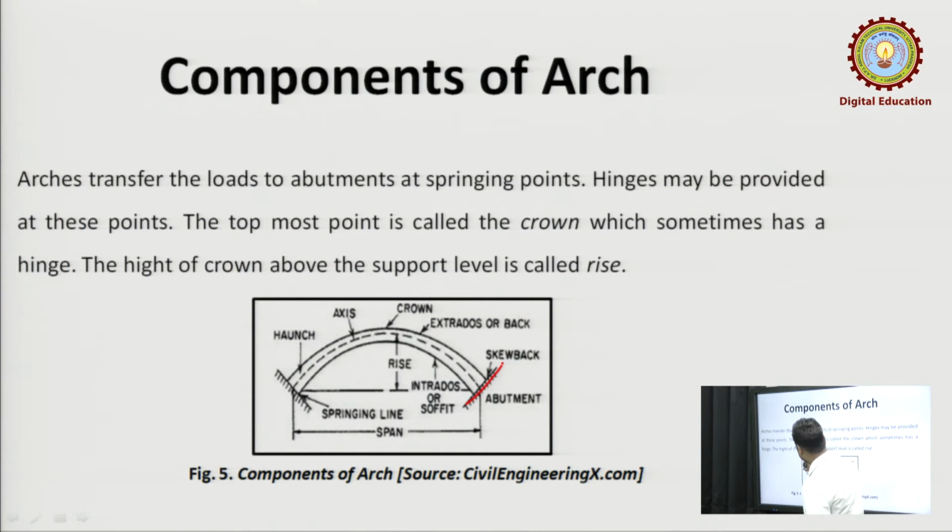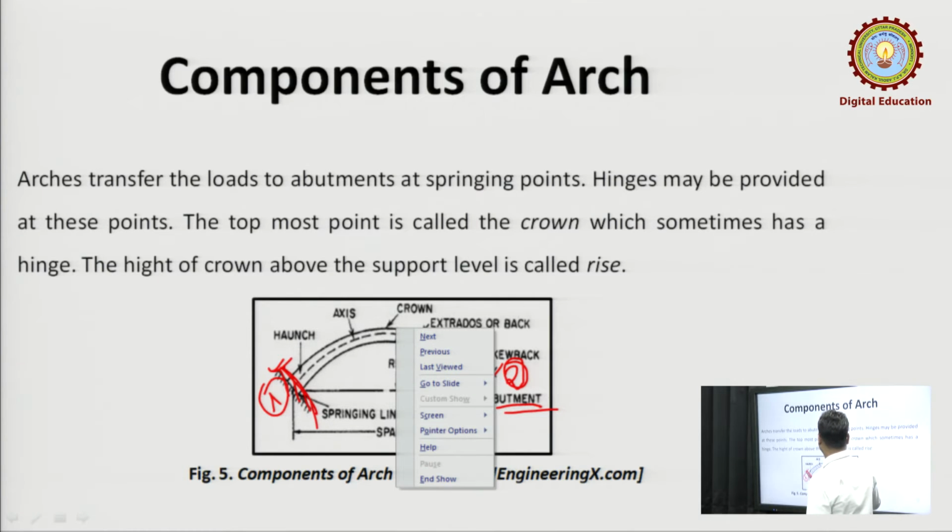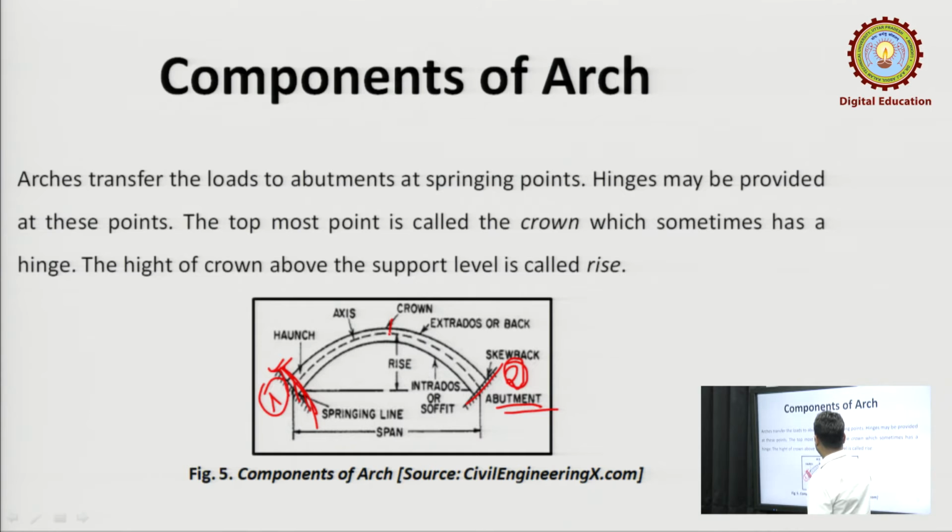You can see here there are two supports available having fixed end. These are called the abutments. The top portion of the beam we call the crown.